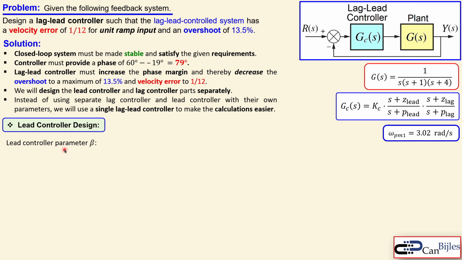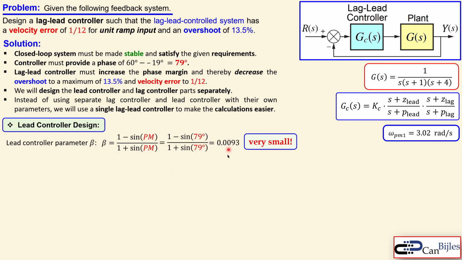So the lead controller parameter beta is now used, and that is given by this formula, which is then related to that phase margin we needed, which is then 79 degrees. That is how much phase margin we need to add to get this 60 degrees for our lag lead controller. And when you now do the calculations here, you get 0.0093, which is a very small value, almost 0.01.